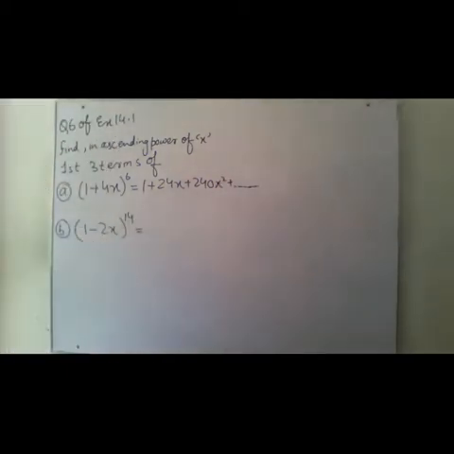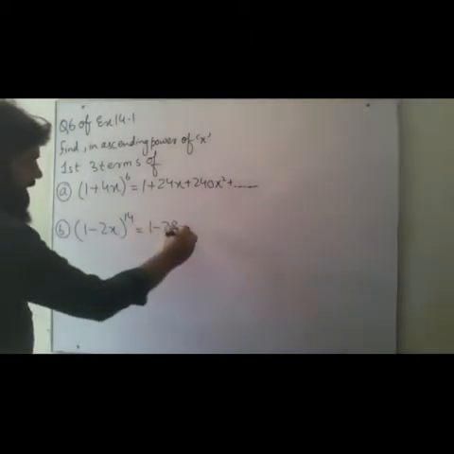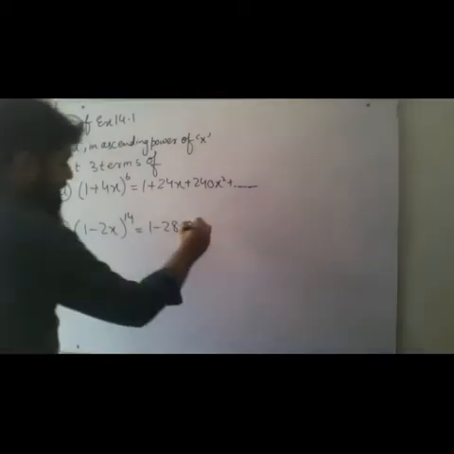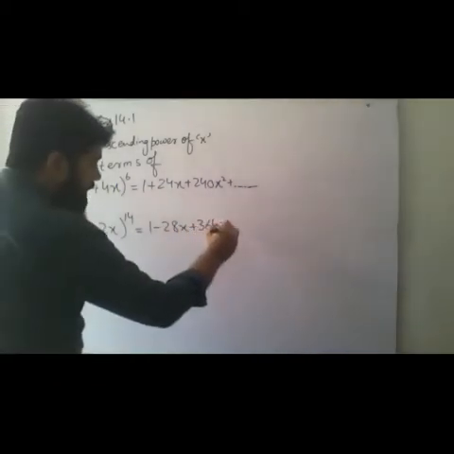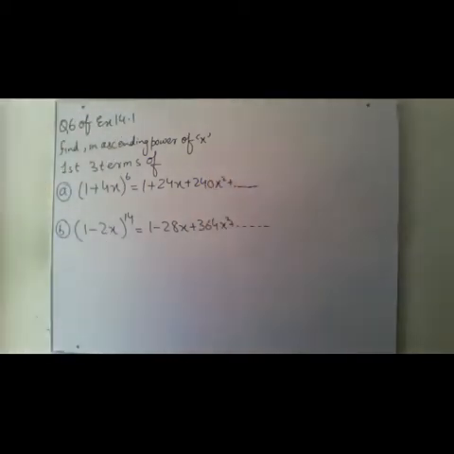Now, coming to 1 minus 2x whole power 14, when I expand this, it comes 1 minus 28x plus 364x square, and that is my second. I have got the expansion.